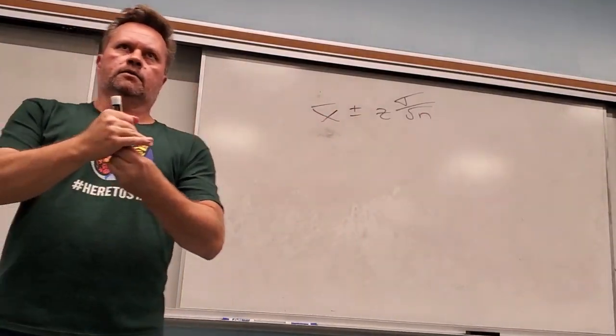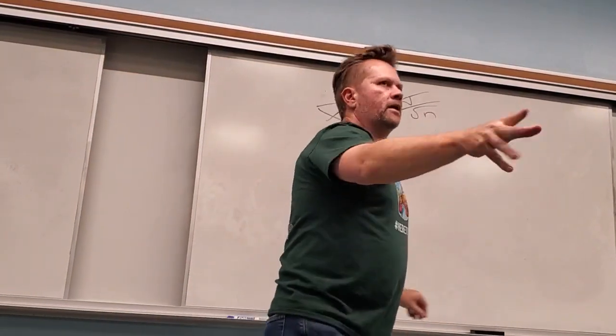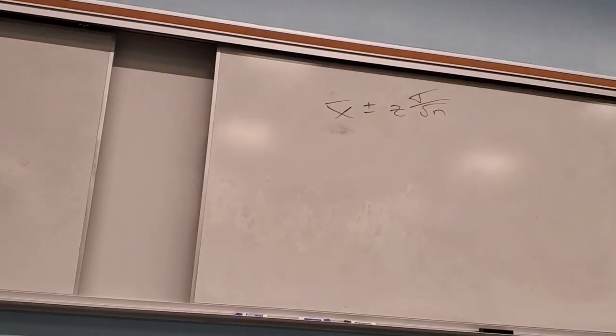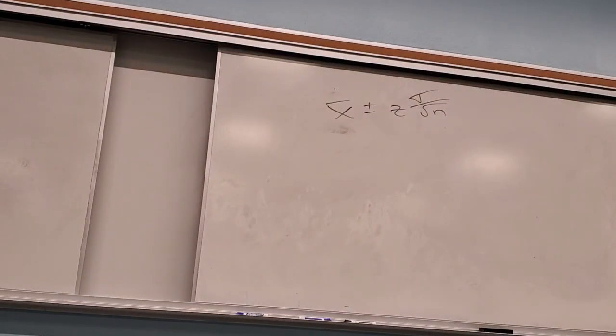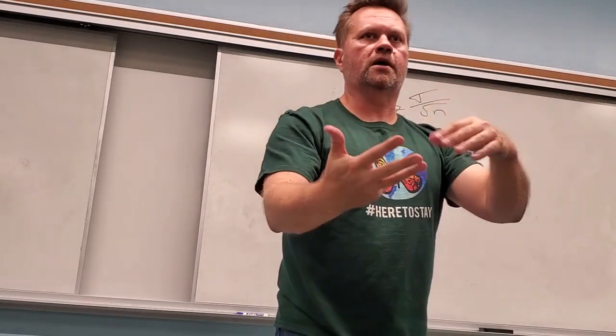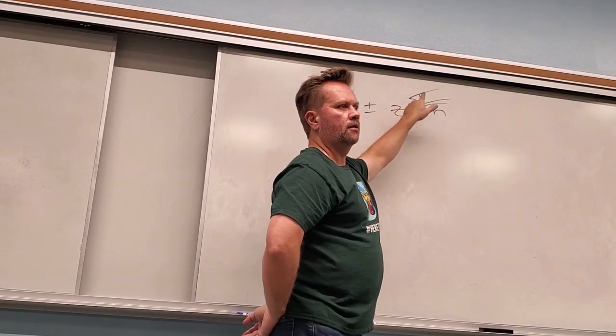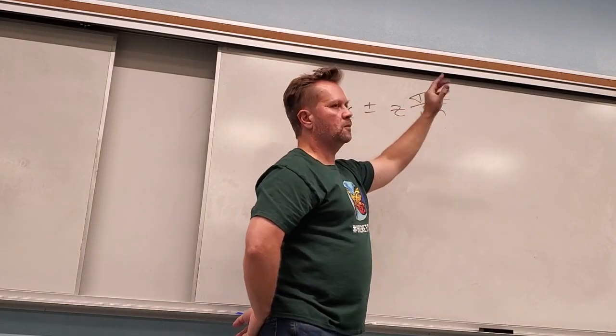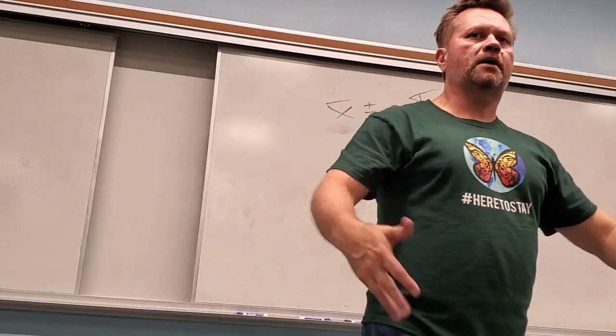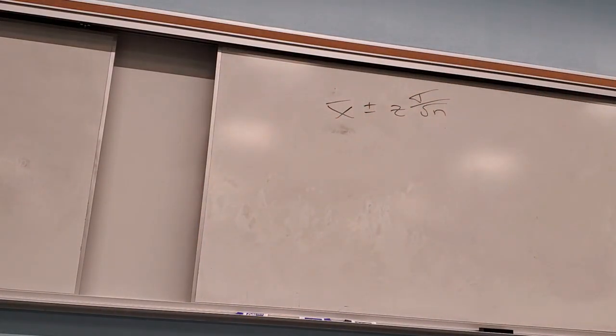In reality, if I happen upon a completely new phenomenon, I don't know anything about it. So most of the time, we're not going to know sigma. What do I use instead? If I don't know sigma, what's the next best thing to use? S. Because I can take a sample and get S.